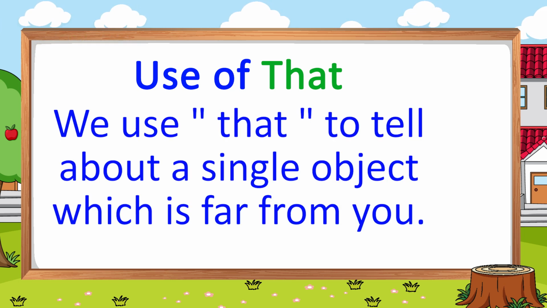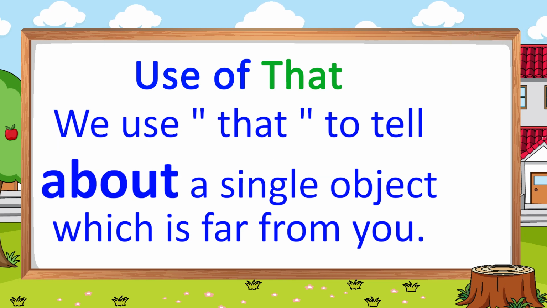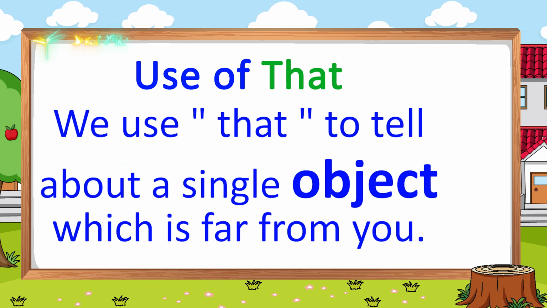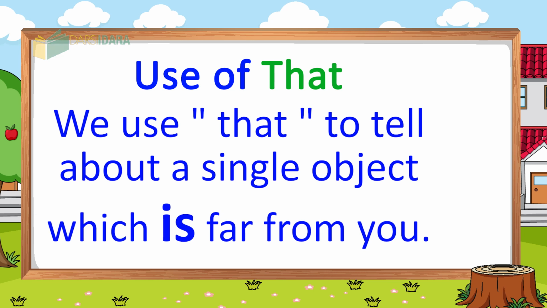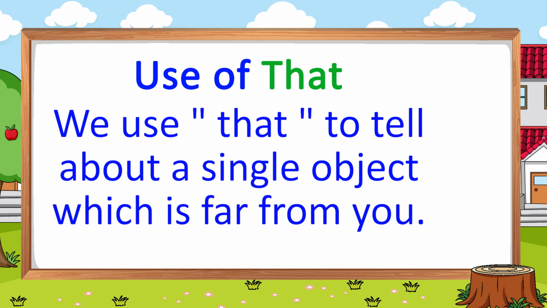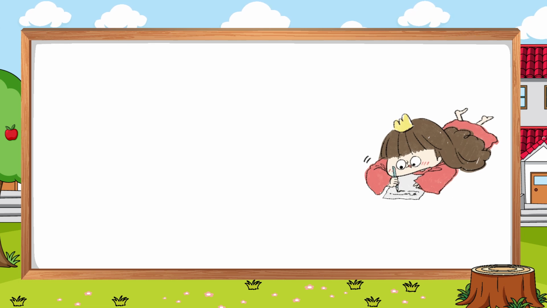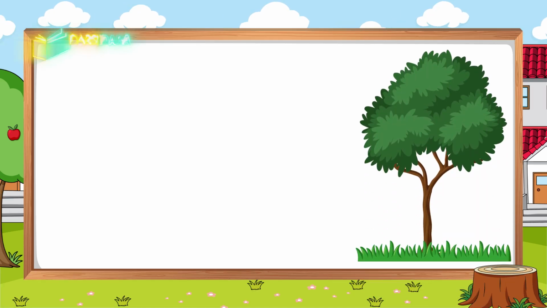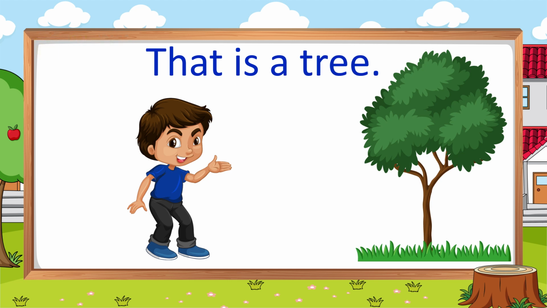Children, we use that to tell about a single object which is far from you. Let's see some examples. That is a tree.